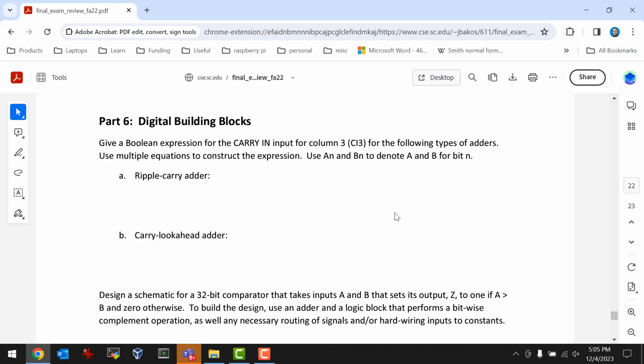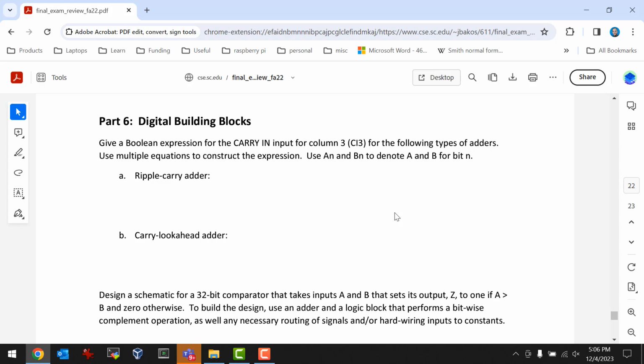The carry out on 2 is going to be A2 and B2, or A2 and carry in 2, right? Or B2 carry in 2, right?